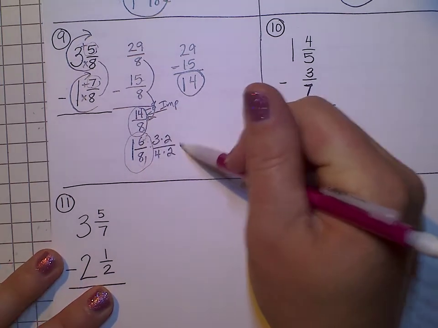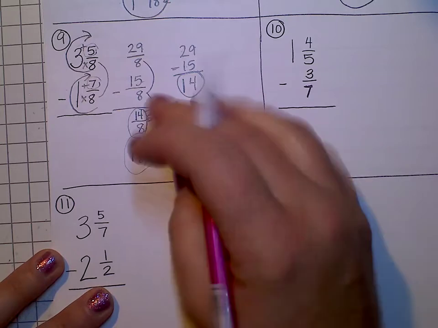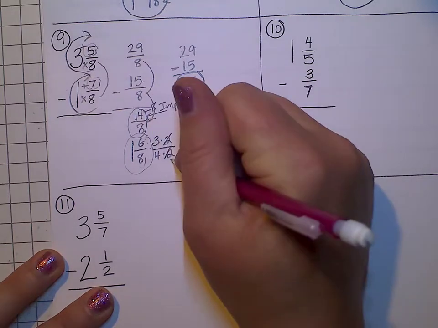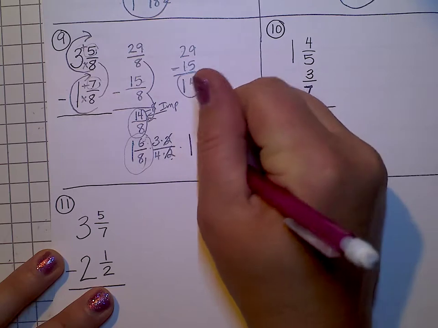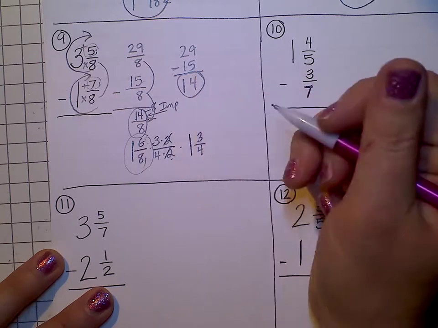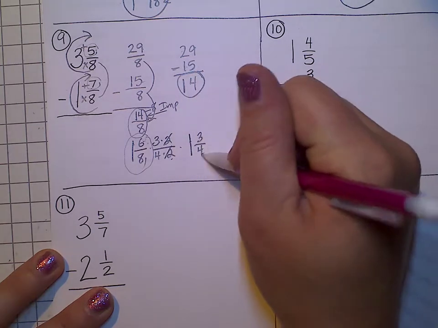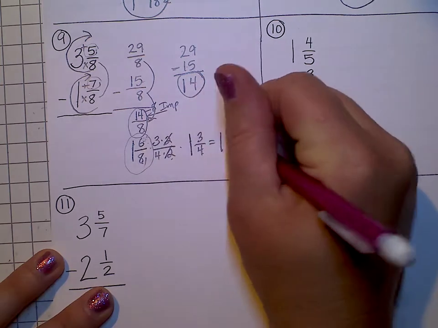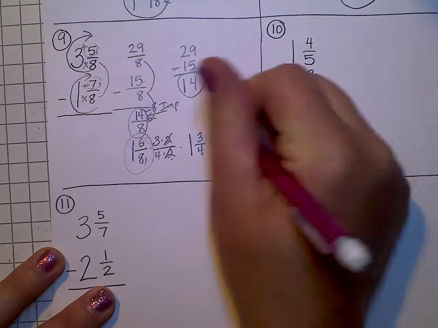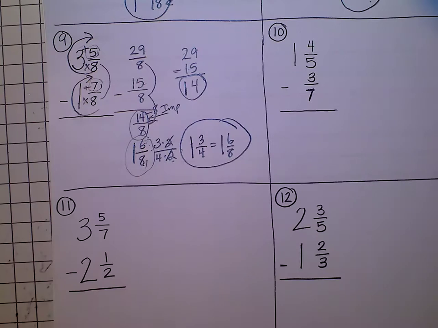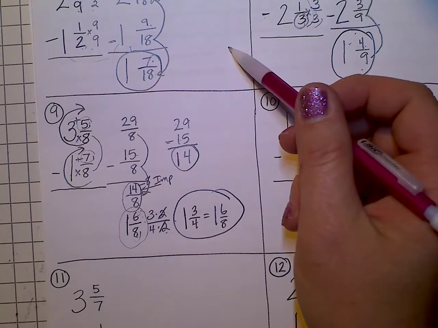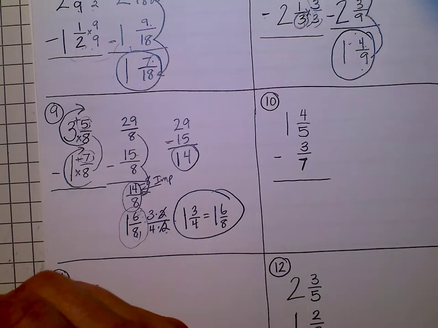I can cross off a number they have in common as long as it's on the top and the bottom. They have 2 in common on the top and the bottom. I have 1 3/4. So 1 3/4 is the same as 1 6/8. And I'm just going to write that here. So any of those answers would be fine with me. I did not write up here to say simplify, but it is interesting to know.